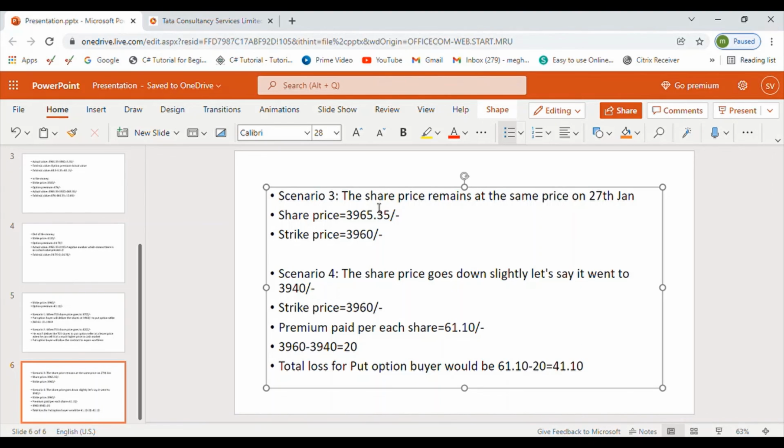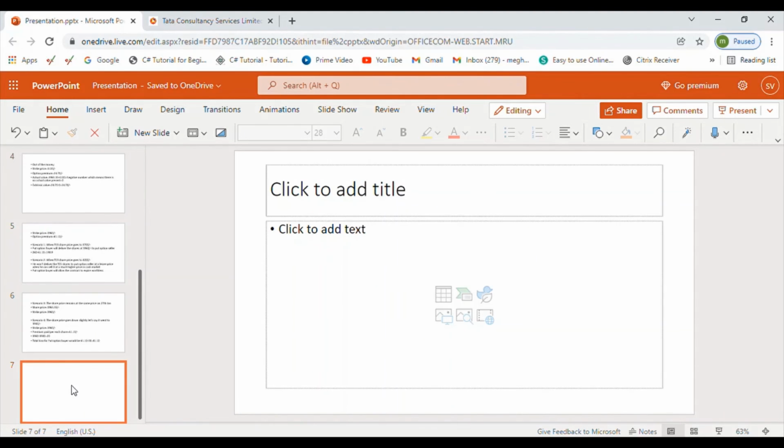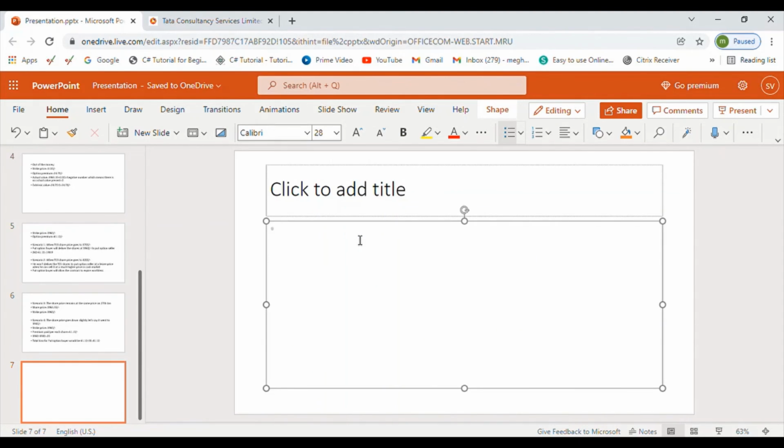So the two things to keep in mind: for the option buyer, loss is limited to the premium paid, whereas profit is unlimited.